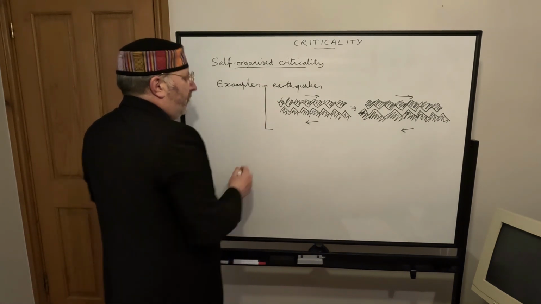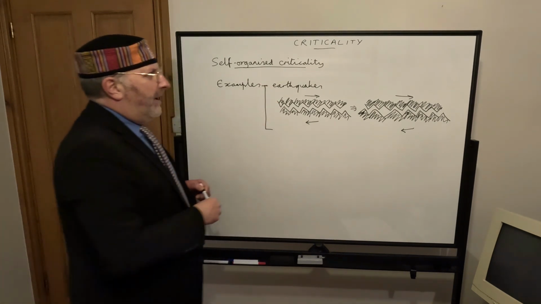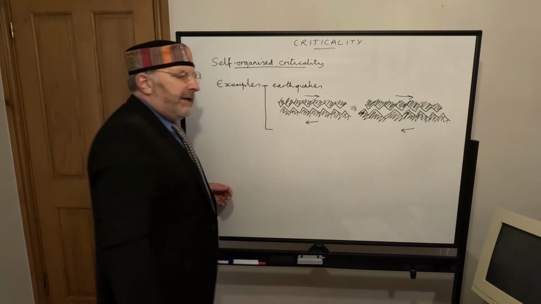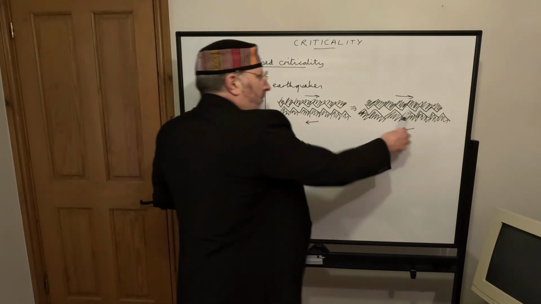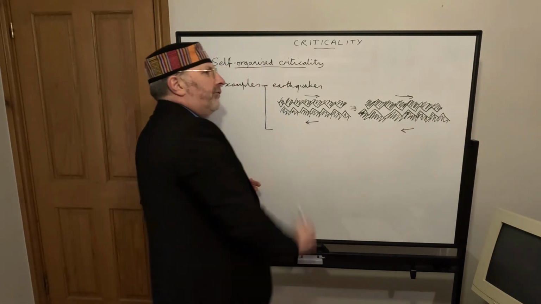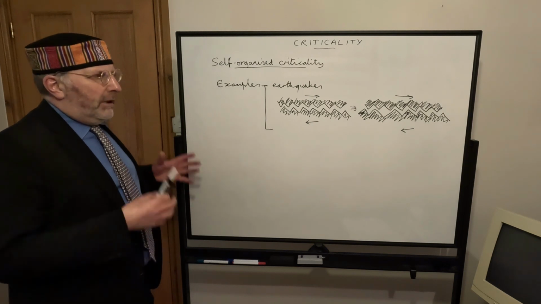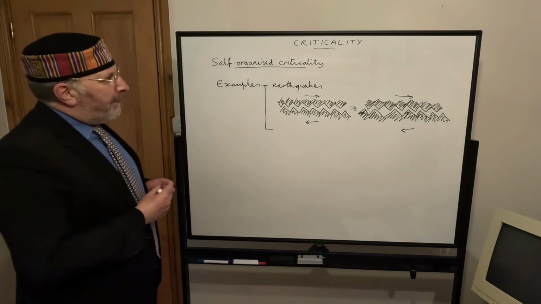I should perhaps have said that people do find power laws in the severity of earthquakes, and so this sort of idea of what's going on based on self-organised criticality is a possible explanation for it.